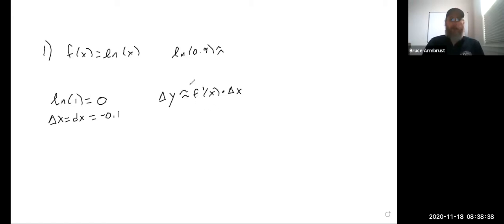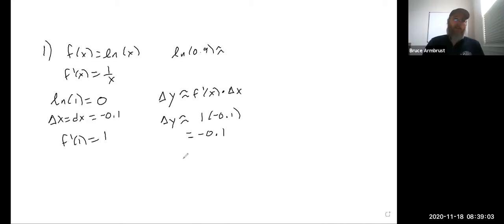All right, so let's look at this f prime of x. Natural log, its derivative is 1 over x. So if we evaluate that at 1, we also get 1. So delta y is approximately equal to 1 times negative 0.1, which is negative 0.1.